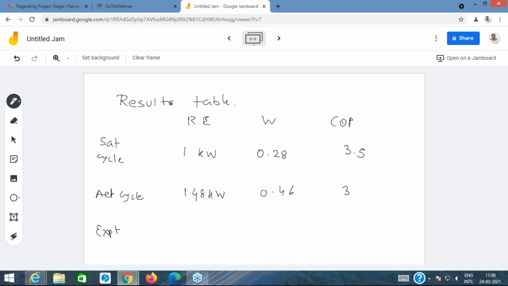But when you do it experimentally, because you have meters which we don't know whether they are very accurate, and because you are using a crude technique of determining the refrigerating effect, you get a value much different from what you get by the analysis.